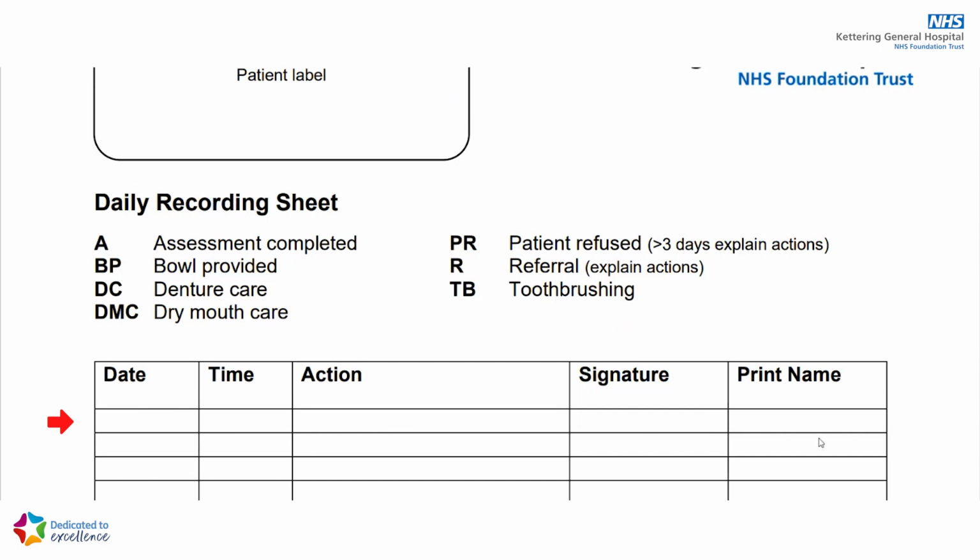We're then going to sign and print our name. And then every time you do mouth care, whether it's an assessment, you're giving dry mouth care, toothbrushing, etc., you would just fill in what you've done. As we've said previously, if there is a change in the patient's mouth condition, then you would reassess and document accordingly.